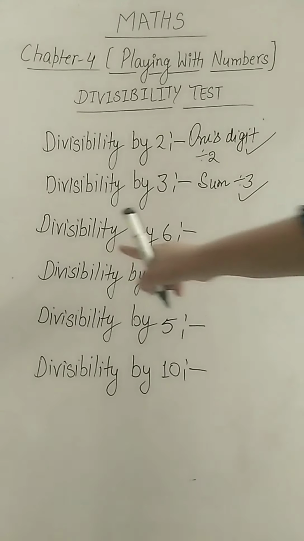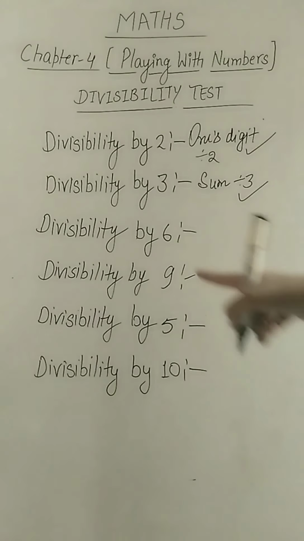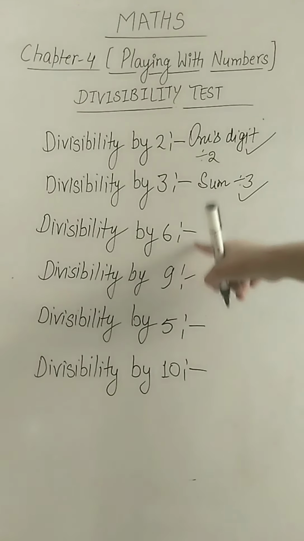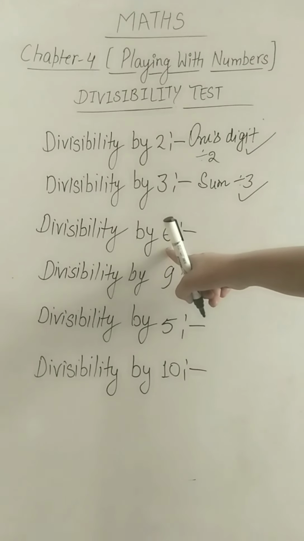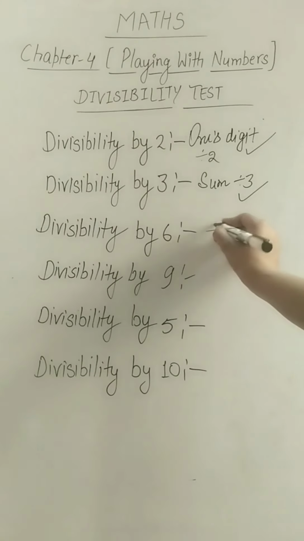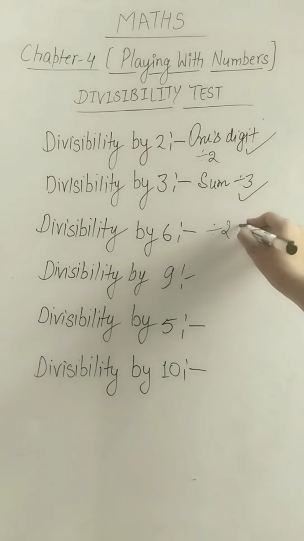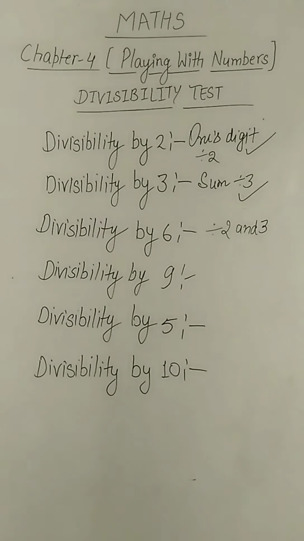In divisibility by 6, students, if any number is divisible by 2 and 3, that means it is divisible by 6 also. So here it is divisible by 2 and 3 also. So that means the number will also be divisible by 6.